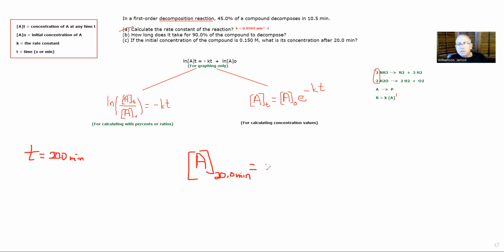That's equal to 0.15 molarity times e to the minus, and what did we say k was? 0.0569 minutes to the minus 1 power times t, and t is 20 minutes.